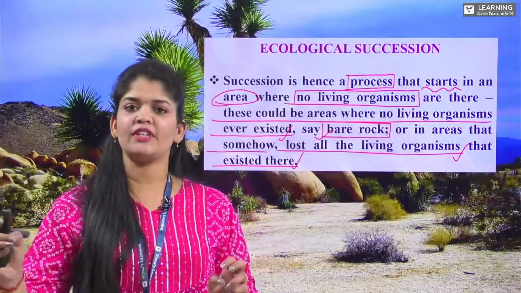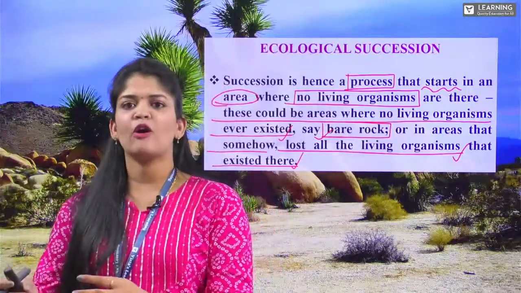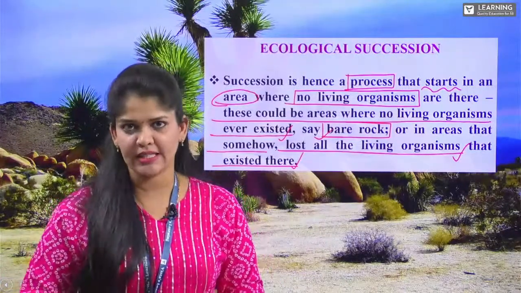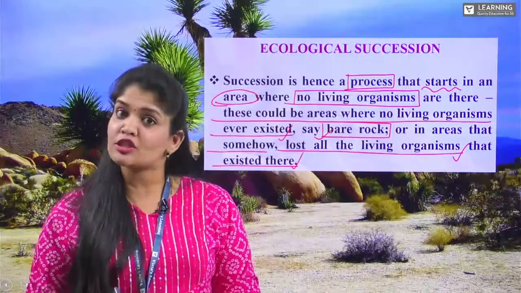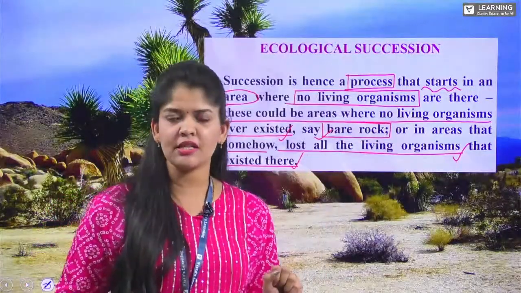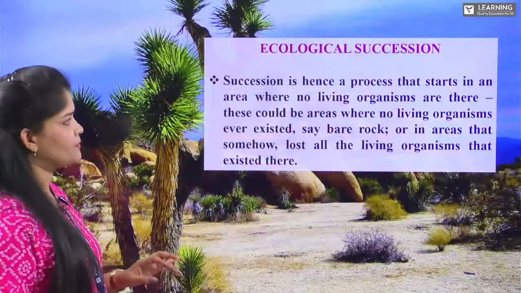The condition where we can see the land is previously occupied by living organisms, but now, for some reasons, that area lost the existence of the living organisms, will show the succession of secondary type. In the first case, we can see primary succession. In the second case, we see secondary succession. Let's understand.